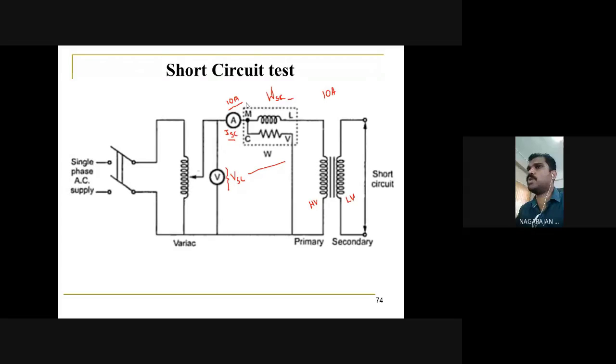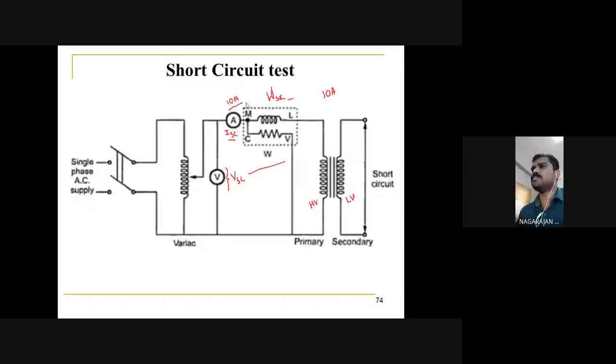That is not the point at which the efficiency is maximum. So we define the parameter at which the machine works safely: the maximum value of any electrical quantity within which the machine operates safely. That is called the rated value.